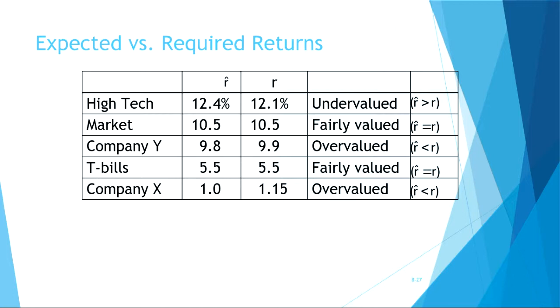The risk-free rate is 5.5, same for all of us. It's not based on our expectation. Market return is 10.5, also not based on our expectation. And the beta is given, calculated based on the historical data of the company and the market. So the required return, 12.1, is calculated based on this CAPM formula.